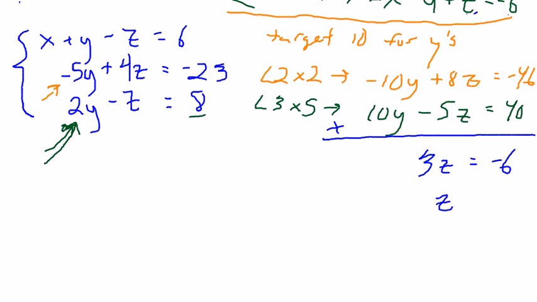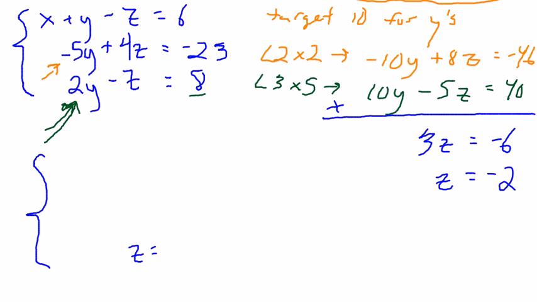That's easy to solve. Z is equal to negative 2. Now I'm going to come back over here to the left, and work my way backwards. I know Z is equal to negative 2.